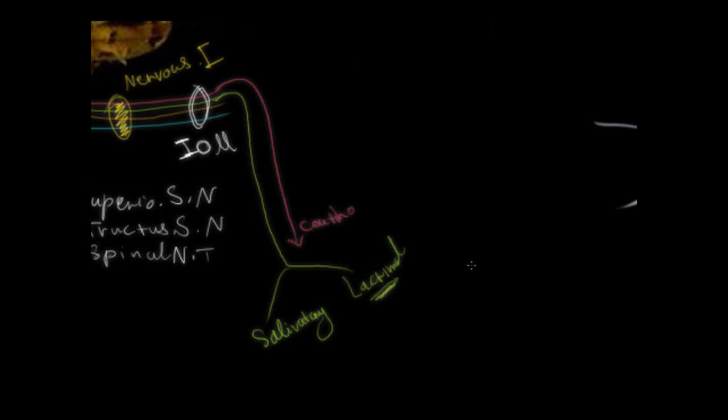So we will see the lacrimal part. The lacrimal part will enter the internal acoustic meatus. From there, it does not synapse in the geniculate ganglion, but jumps.